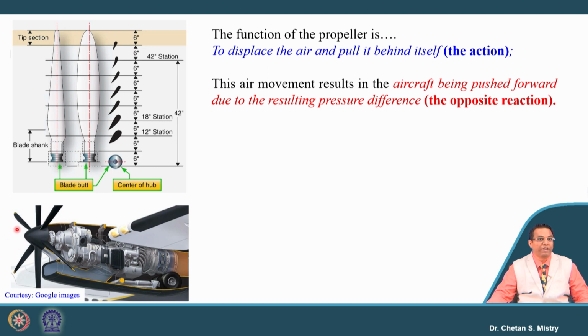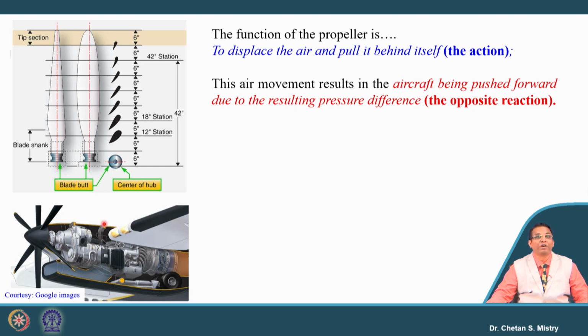Suppose I consider my air, that will be sucked inside and forced to go out, I say that is an action. And the air movement we have generates the differential pressure, and this differential pressure is responsible for the push of this air, which generates my thrust.